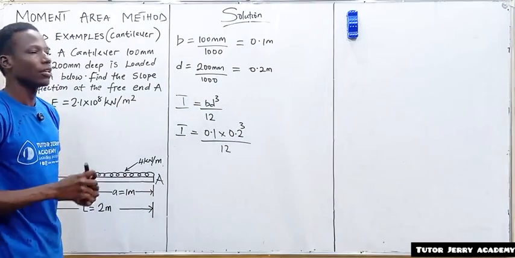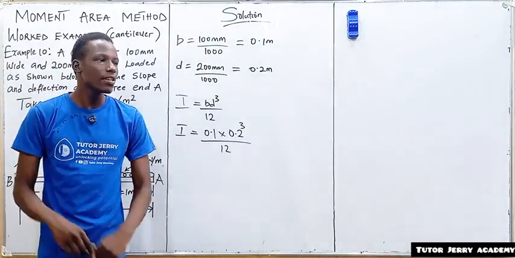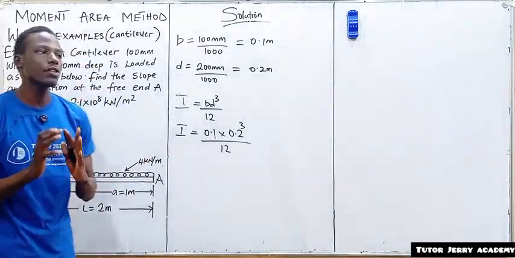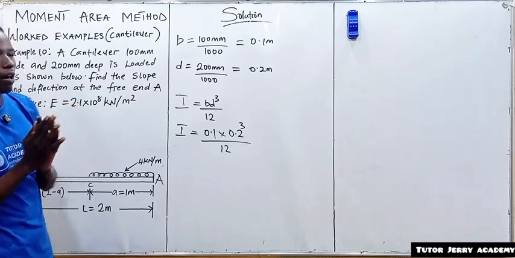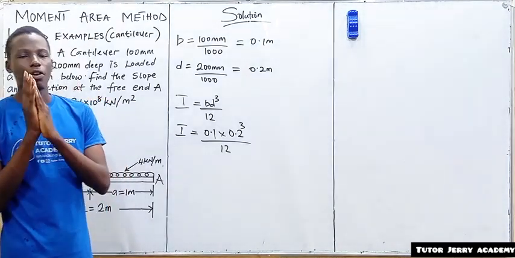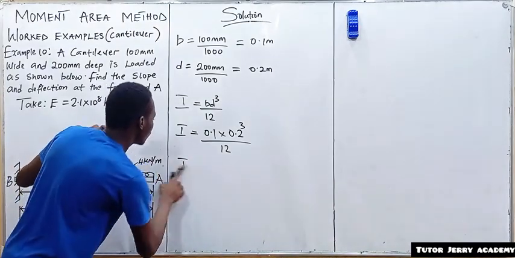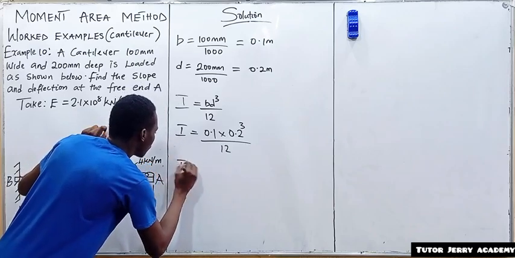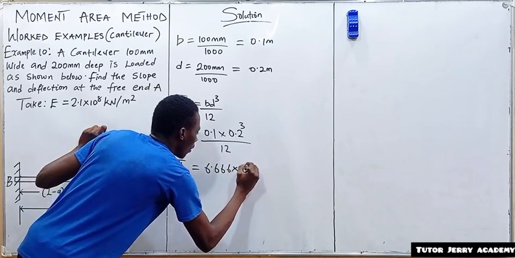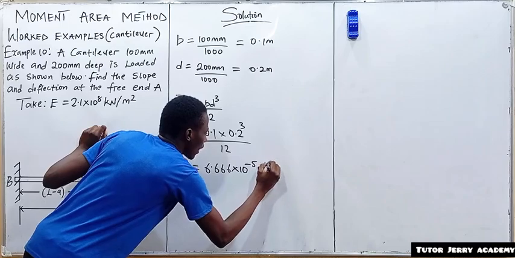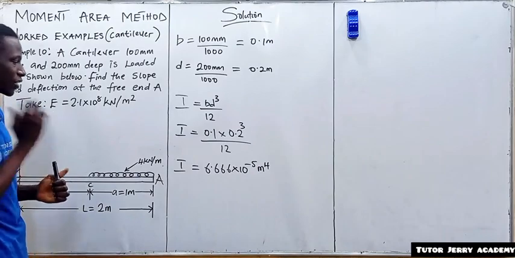Press it into your calculator, and you will discover that your moment of inertia I will be equal to 6.666 times 10 to the power of minus 5 meter to the power of 4. This is what we have for our moment of inertia.